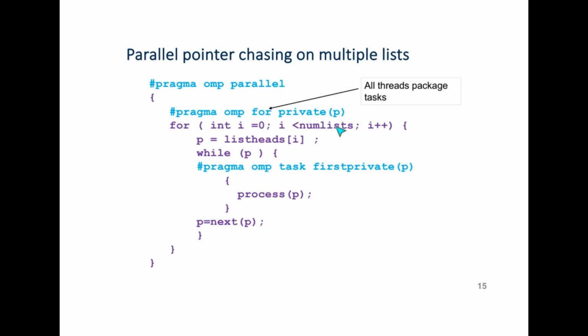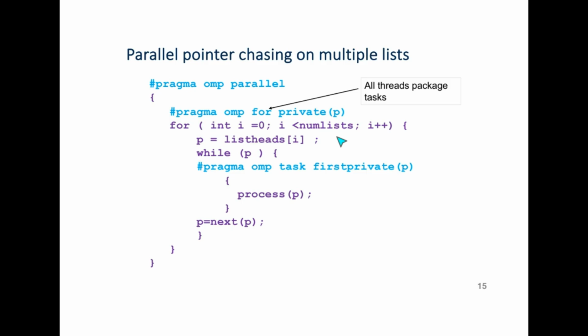We've got a level of parallelism over the lists, so processing every list is independent, and then we've got parallelism inside the list. Processing every item in each list is also independent. So dealing with that kind of nested and irregular parallelism.